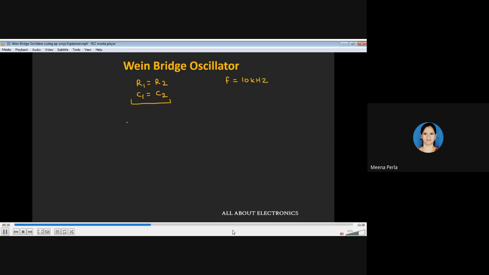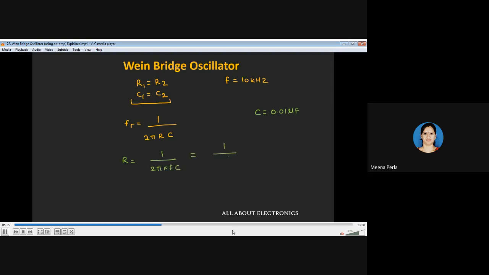Under this condition, the resonant frequency Fr can be given by the expression 1 divided by 2 pi times RC. So here let us assume that C is equal to 0.01 microfarad. Let us find out the value of R for these given values. So R will be equal to 1 by 2 pi into F into C.